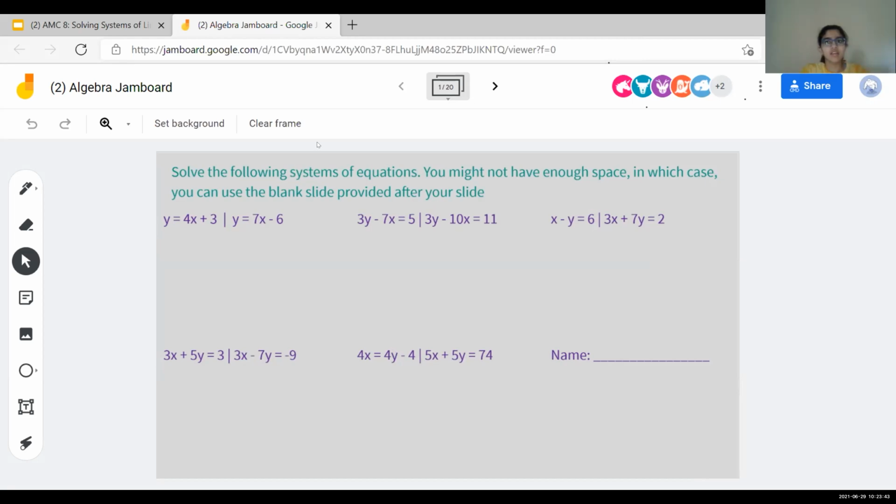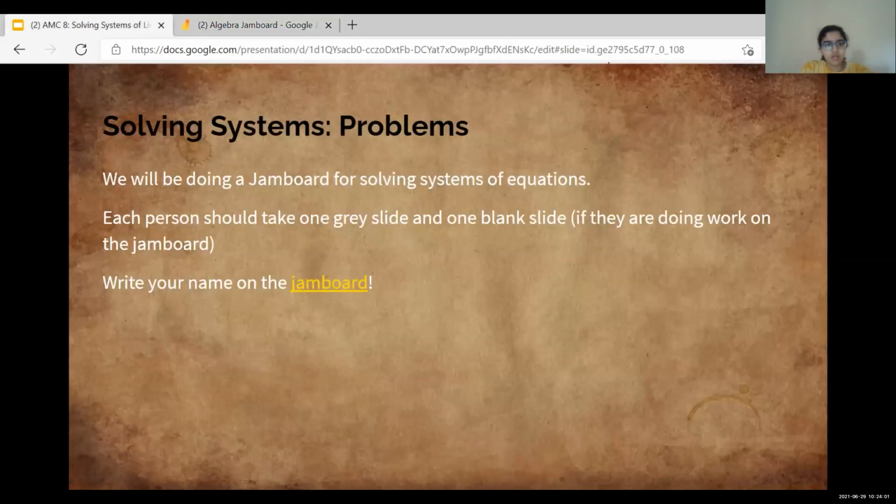Wait, let me just edit the sharing settings for this. Wait, if I'm sharing my screen, everybody can look at the screen for the person who's on the first slide. Okay, so I'm changing the sharing settings right now.